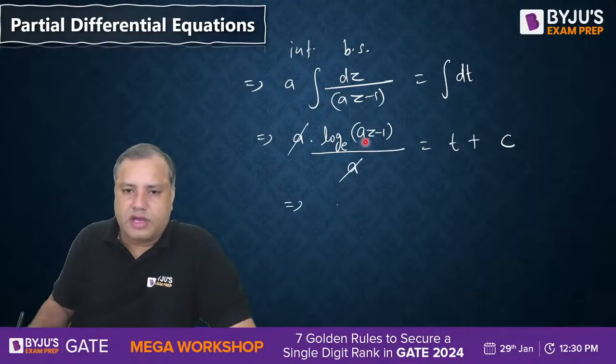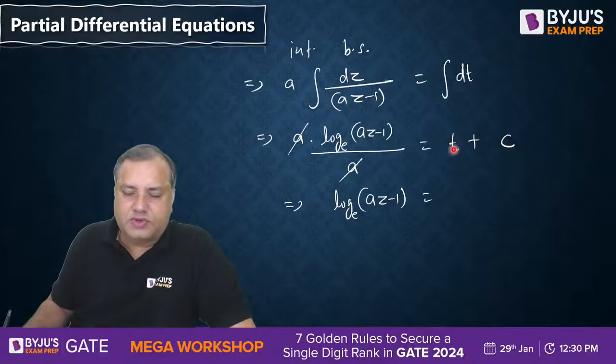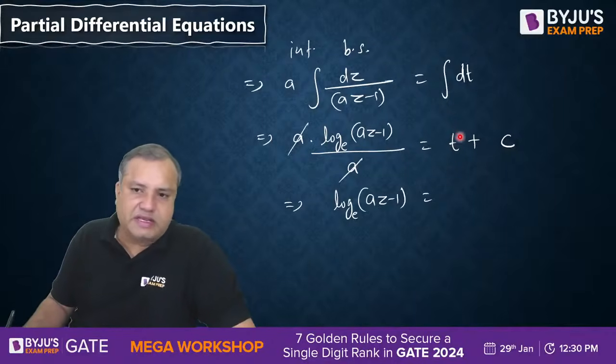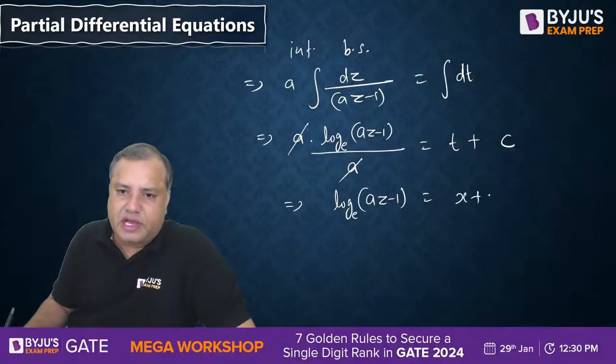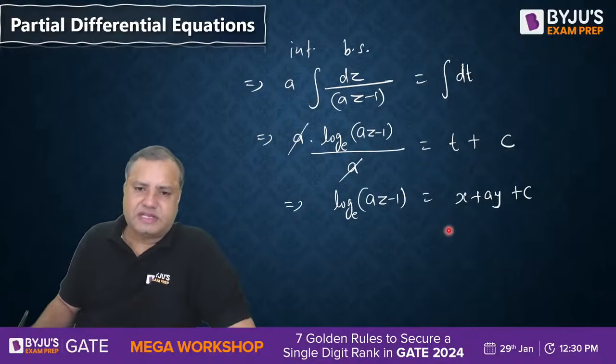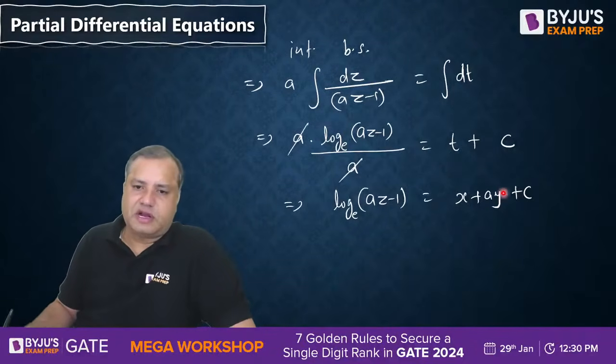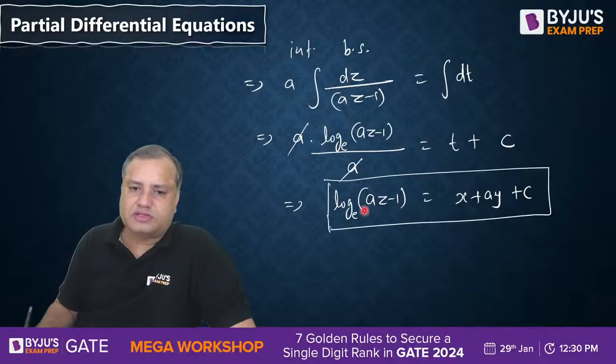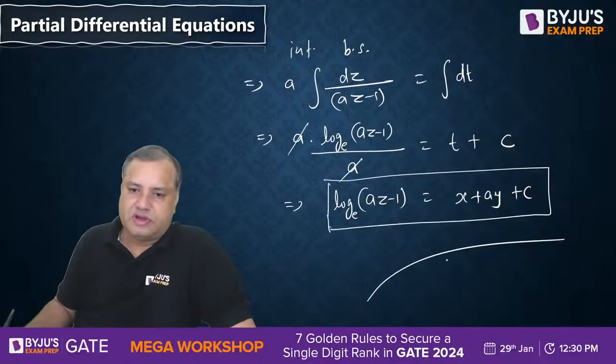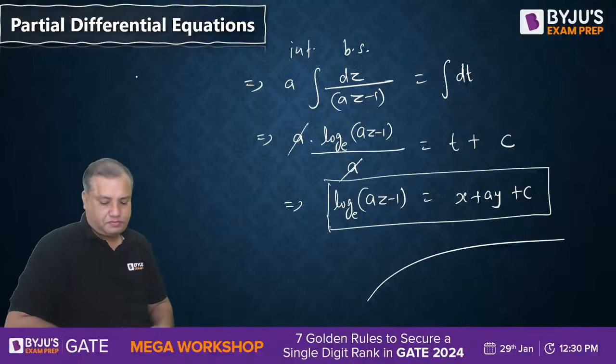So log az minus 1 equals t plus c. Remember that this t is x plus ay, a linear combination of x and y. As I already said, the solution will contain only two arbitrary constants. So here also you can see two arbitrary constants, a and c. This is the required solution.